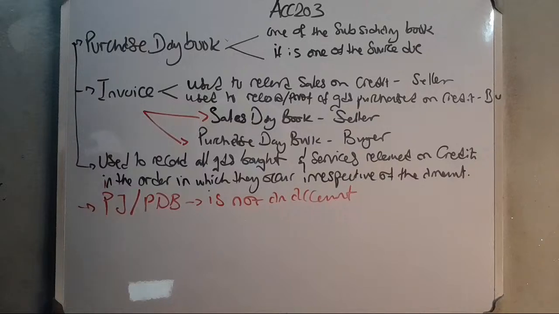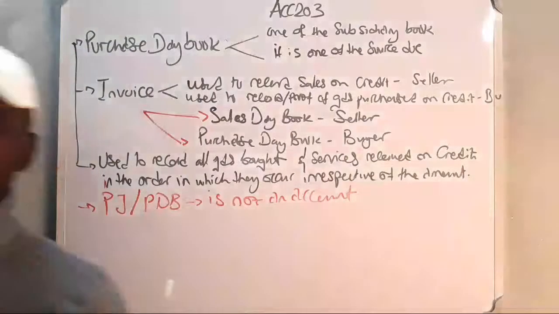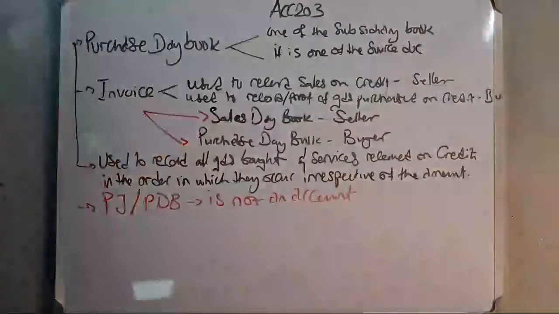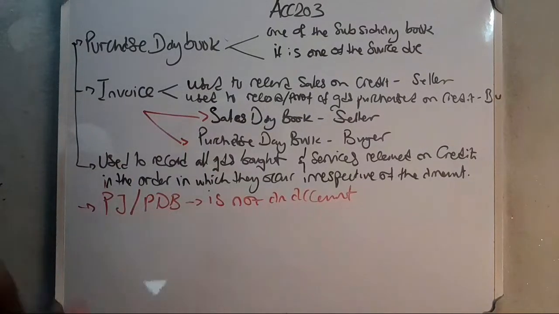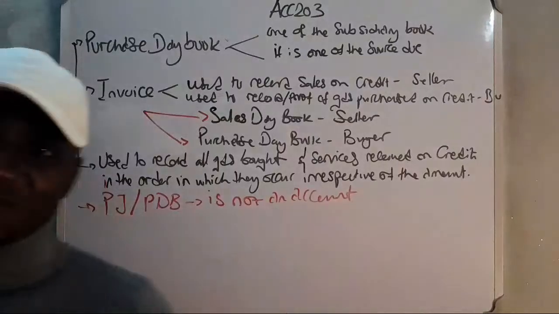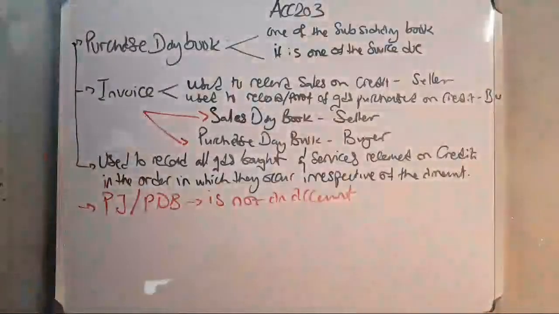The total of all credit purchases, not credit sales, are recorded in the purchase journal for a particular period, usually a month, which is transferred to the debit side of the purchase account in the ledger. The process of transferring these details to the ledger is what we call posting. Don't forget that.